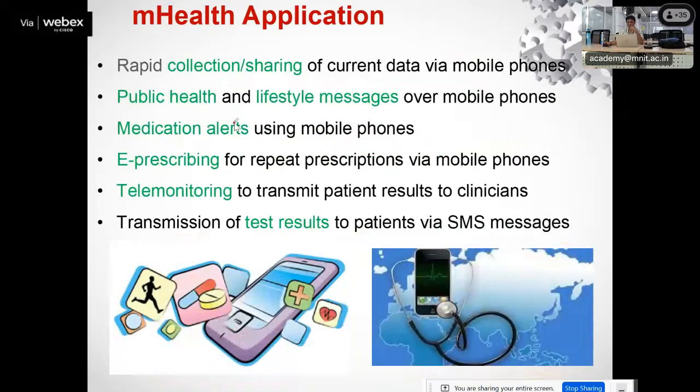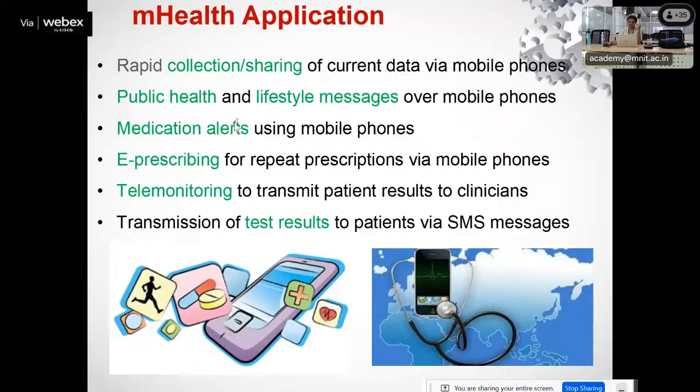Through M-Health, rapid collection and sharing of current data is possible. Public health and lifestyle messages can easily be sent to a mobile phone. Medication alerts can also be sent easily. E-prescriptions can be generated through a mobile phone. Telemonitoring, which is a very vital part of the telemedicine concept, is possible with the mobile phone.